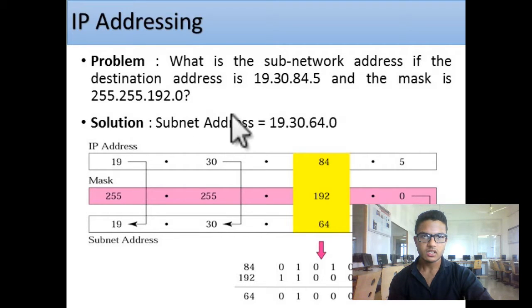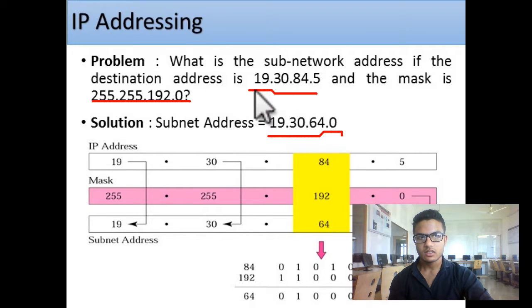One more example: if the destination address is this and the mask given to you is this, then the subnet address is this. It means class B, and 255 means the same number. Perform the AND operation between these. Here, if you perform the AND operation, you will get 64 and here you will get 0. It means the subnet address is this.